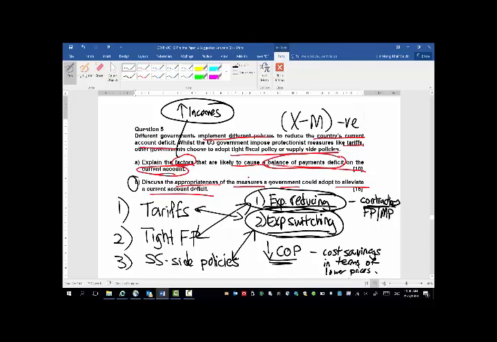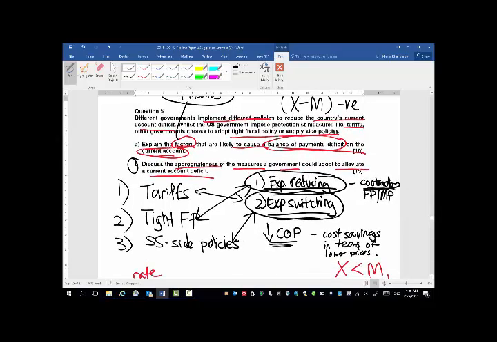There's another way to explain this. How? If let's say I'm not so much affected by the price of the good, I'm more affected by the quality of the good. Because my supply side policy is not just about lowering costs. What's the other effect of supply side policy? It increases quality of your workers, of your labor. With this increased quality of labor, with the higher skills, etc., they are then able to produce better quality goods and services.